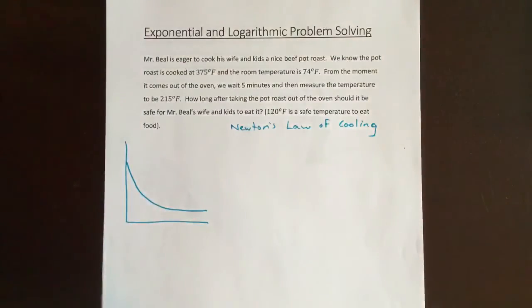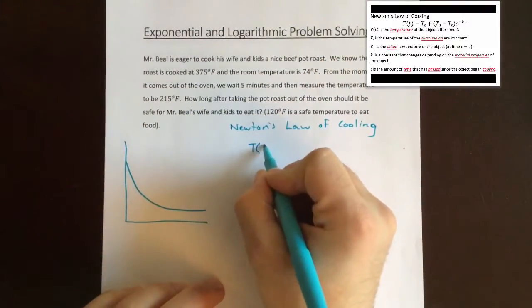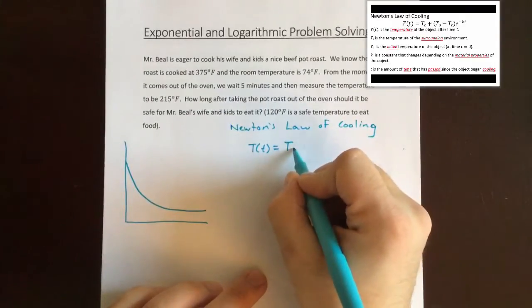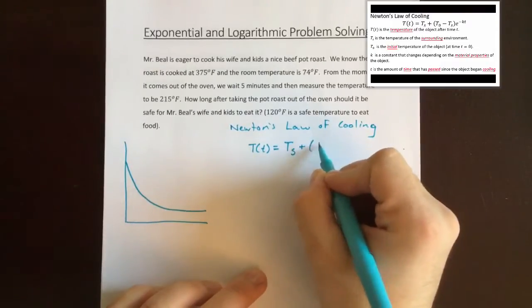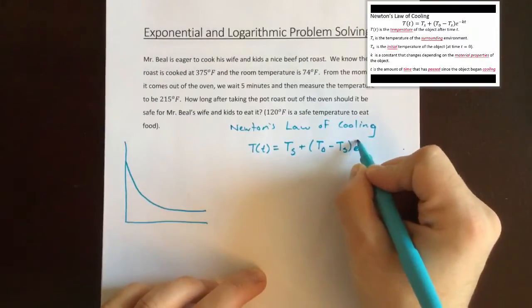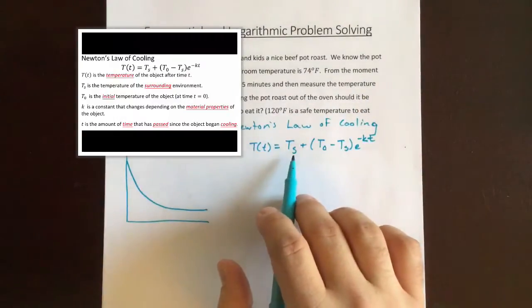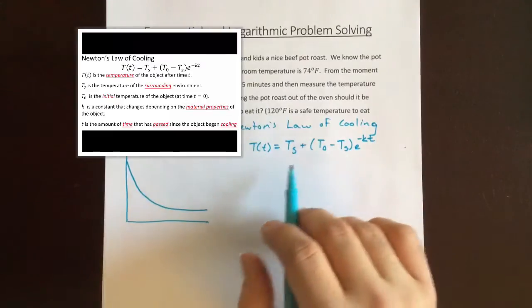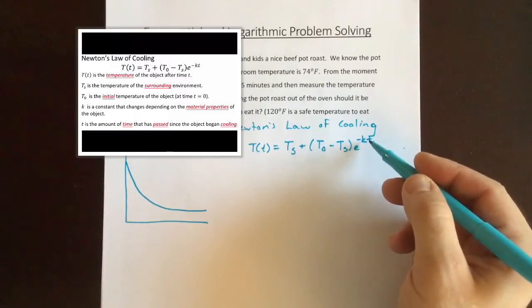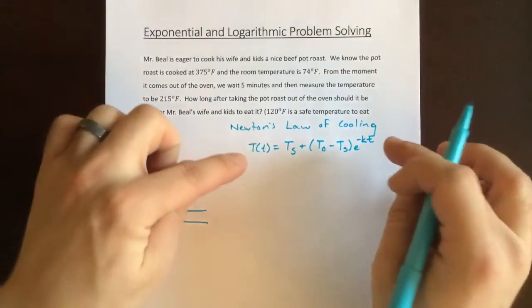From our formula sheet and from above, we have a formula: the temperature at time t equals the temperature of the surrounding area plus... Remember, we know what T sub S is, we know what T sub 0 is, and k is just a constant that is different for every object. So we know now what formula we are using.